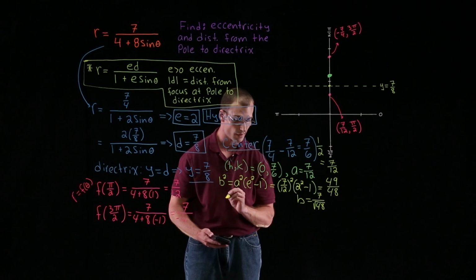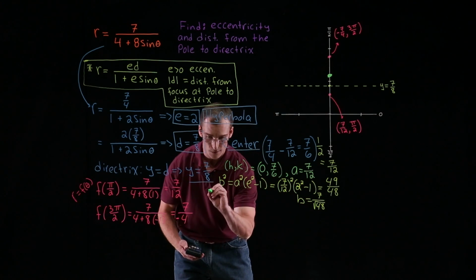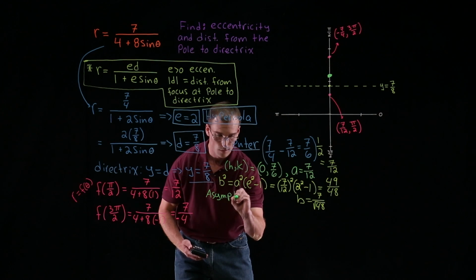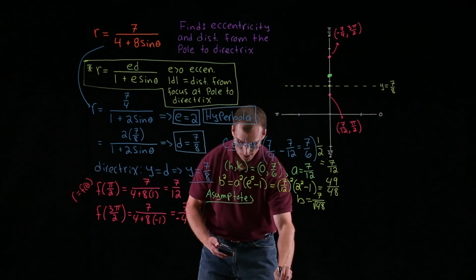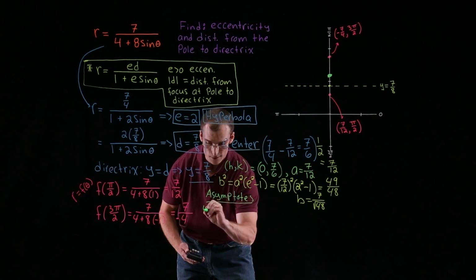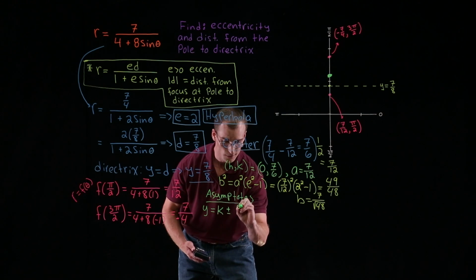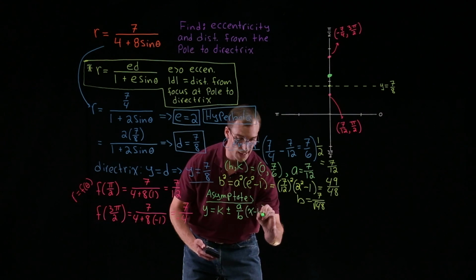Okay, now what can we do with this? Well, now we want to find our asymptotes. Our asymptotes are going to be the lines y equal to k plus or minus a over b times x minus h.